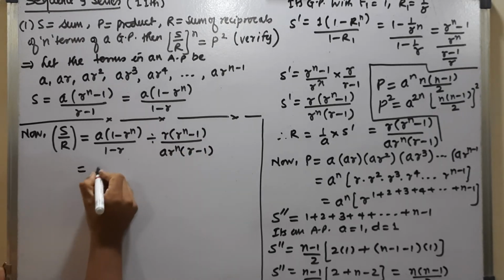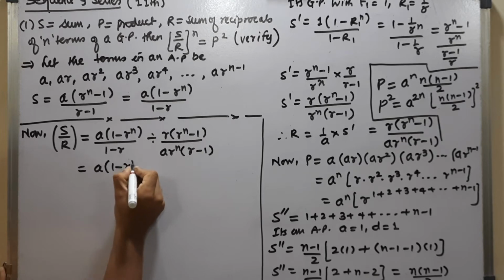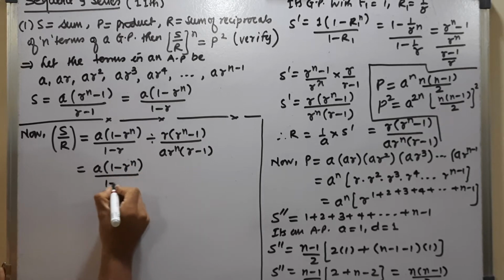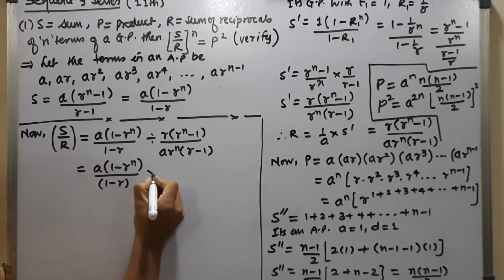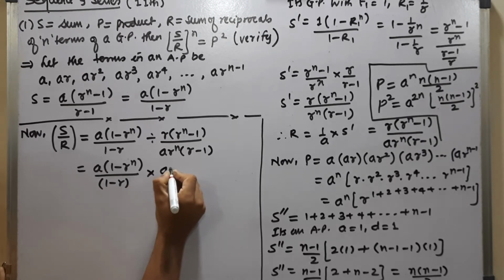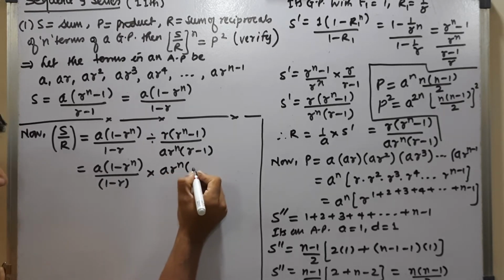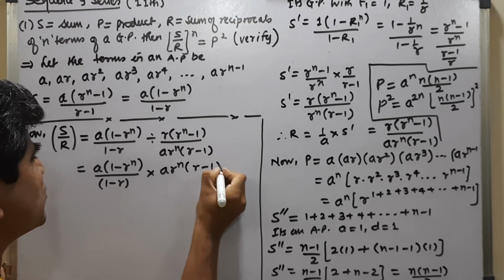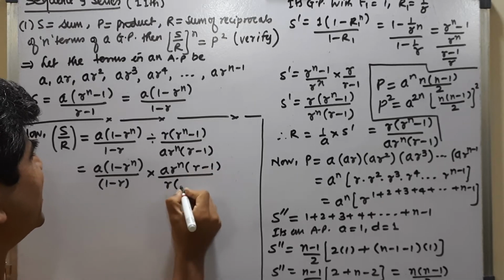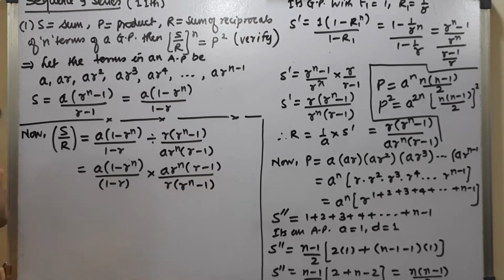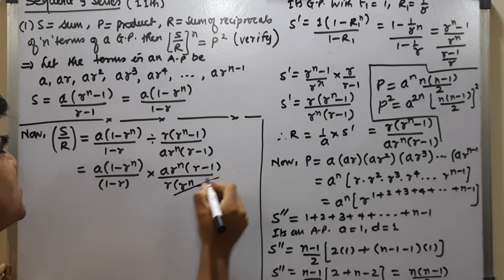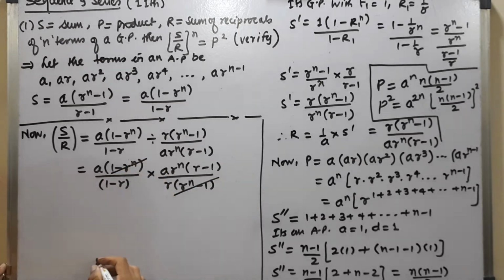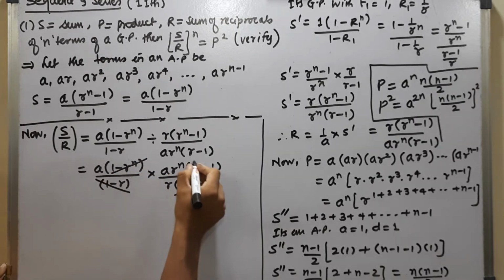So which turns out to be a into 1 minus r raised to n upon 1 minus r into a r raised to n into r minus 1 upon r into r raised to n minus 1. Okay, so obviously this has the same value with negative sign, which gets cancelled with this negative sign.